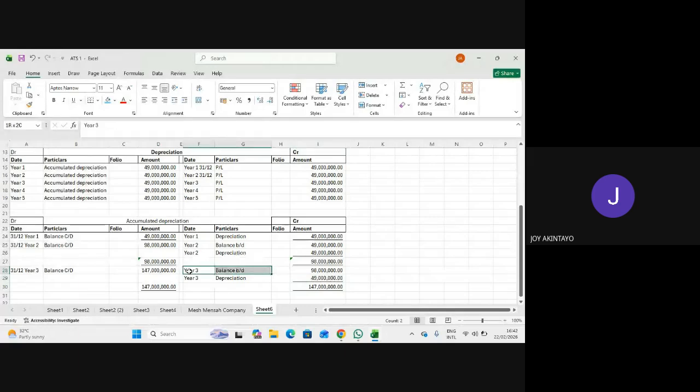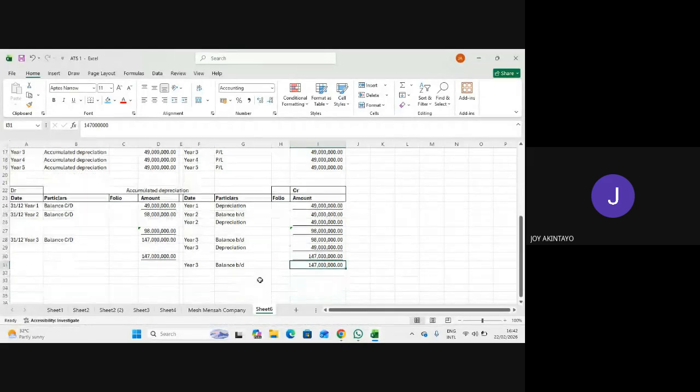As usual, year four. So I am taking you through the ledger form. If you are being asked to prepare the ledger form, this is how it is. So 140. Then this will be our year four.